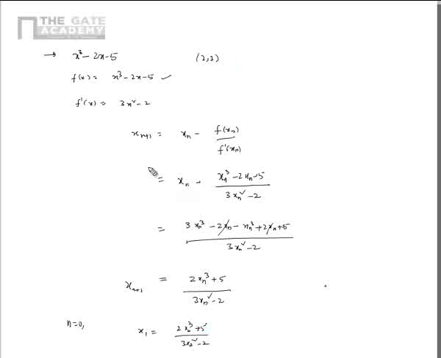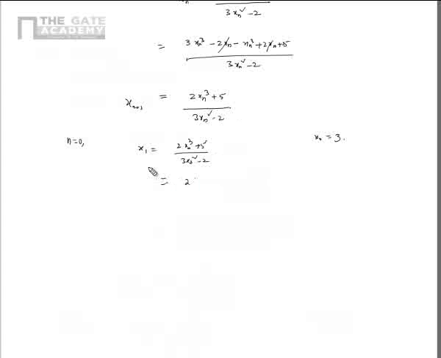You can start from the left-hand side also, but if there's an option, it's better to start with 3. So let it be 3. From this we calculate (2 into 3 cube plus 5) by (3 into 3 square minus 2), and this value comes out to be 2.36.